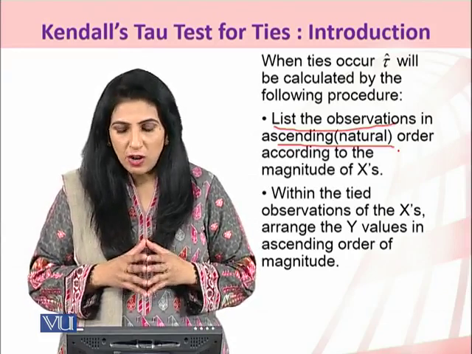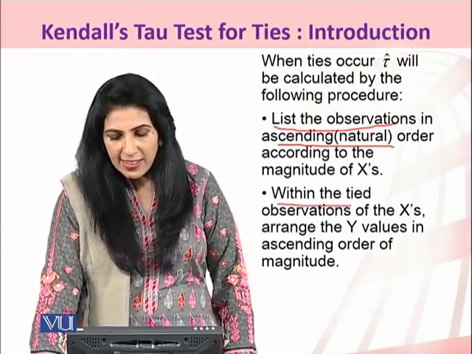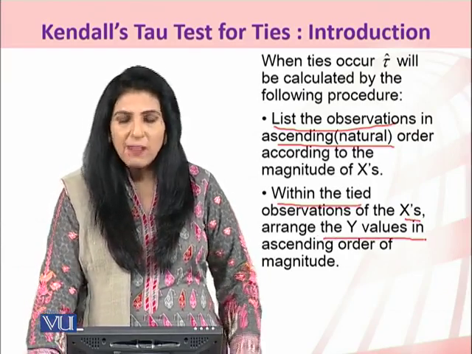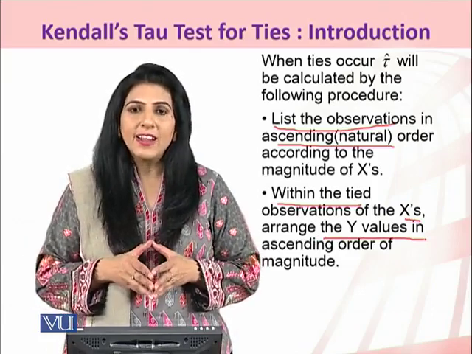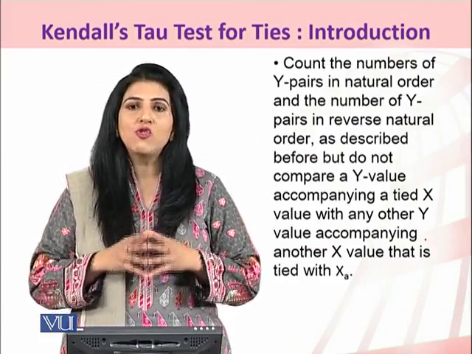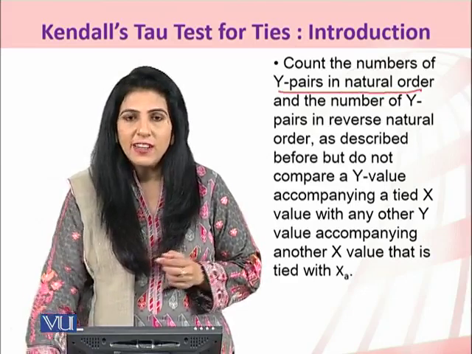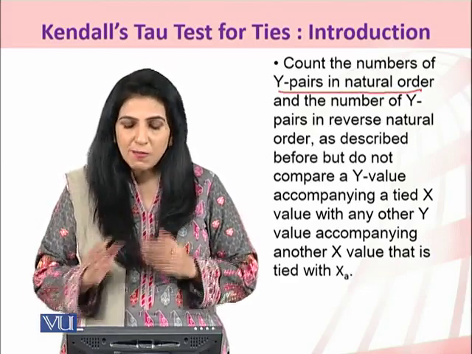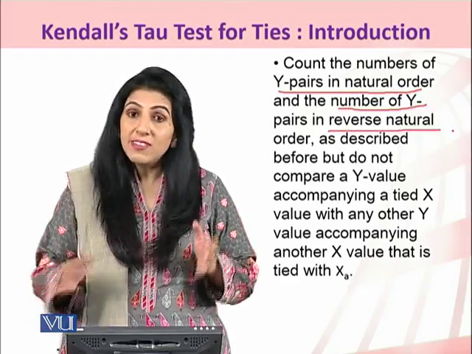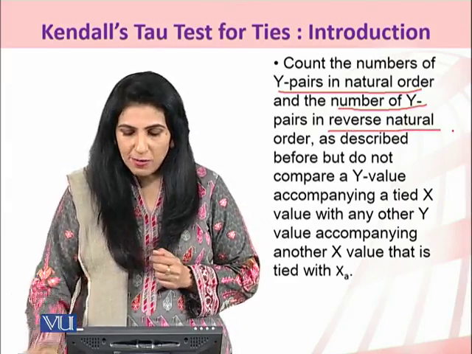The next point you need to consider is, within the tied observations of x's, arrange the y values in ascending order of magnitude. Once you are done with that, you would have to count the number of y pairs in natural order, that are the concordant pairs, and the number of y pairs in reverse natural order, that are usually known as the discordant pairs.